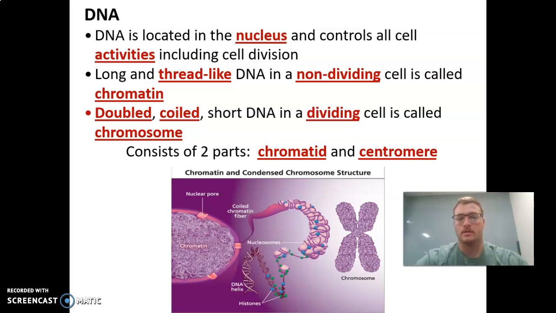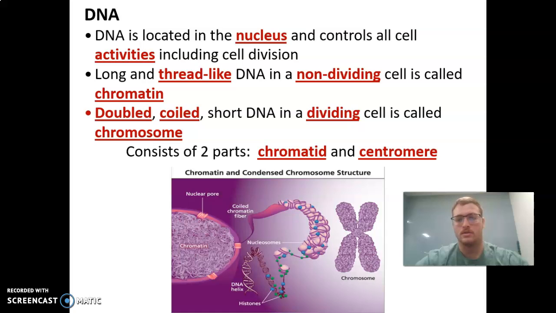It's called chromatin. In a dividing cell, it's double-coiled, short DNA called a chromosome. A chromosome consists of two parts, the chromatid and then the centromere. So the chromatin in the previous slide is the singular strand of DNA that we saw, and then whenever it duplicates, you can see in the diagram below there's the X-looking chromosome.